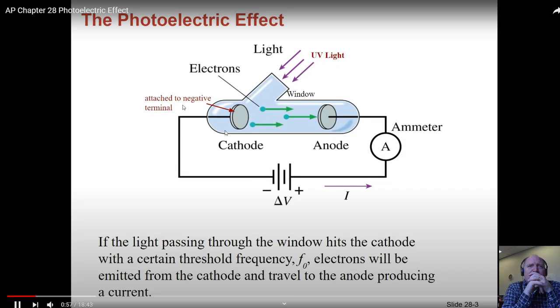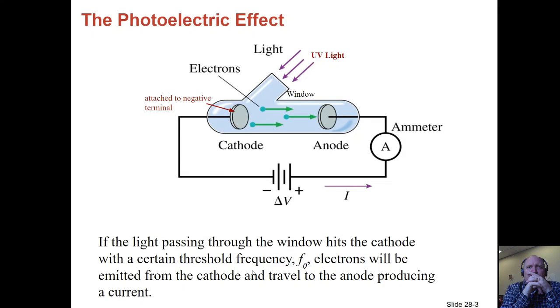And you can see the cathode is attached to the negative terminal. The anode here is attached to the positive terminal. Now, there's no connection between these two electrodes. So we have a window here. If we shine UV light through that window and it hits the cathode, the cathode is going to emit electrons, and those electrons are going to move from cathode to anode.